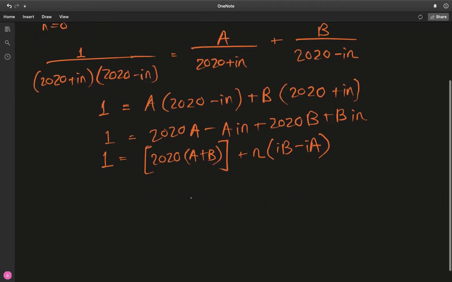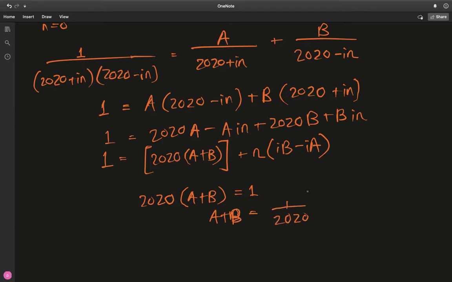So since the only constant on the left hand side is 1, this constant factor of 2020 times (a plus b) must be equal to that 1, which means a plus b is nothing but 1 over 2020. And since there are no n terms on the left hand side, this factor should be 0. So ib minus ia should equal 0, which means a is equal to b.